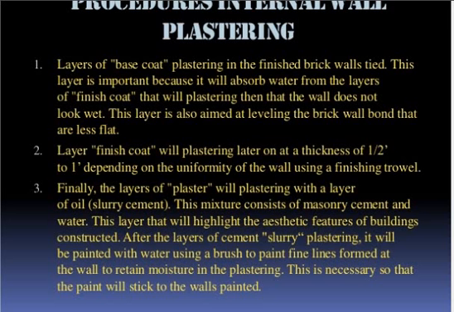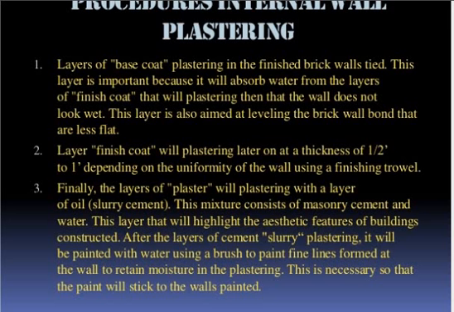The next layer is called the finish coat. The finish coat will be plastered later at a thickness of half an inch to 1 inch, depending on the uniformity of the wall, using a finishing trowel. Finally, the last layer of plaster is a cement slurry.